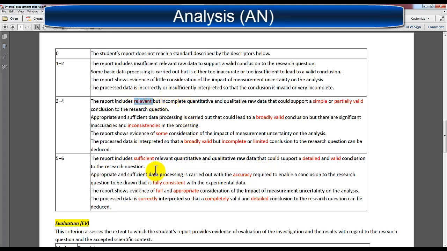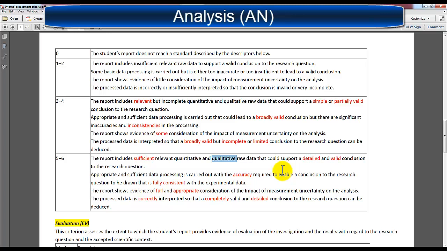So again, you have to provide enough raw data. And I would say from my experience, what people usually lack is the qualitative data. And I really want to reiterate, this is very important, because when you submit your IA at the end, even if you want to do it, it is very hard if you forgot to do so, because this is something that you really have to pay attention to and observe during the time when you do the experiment.